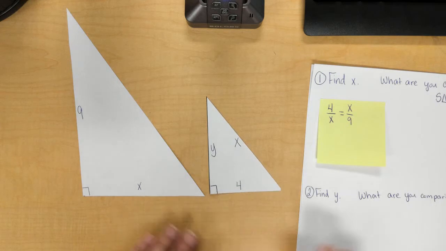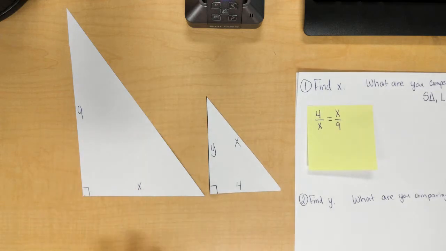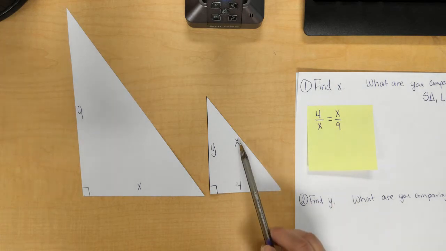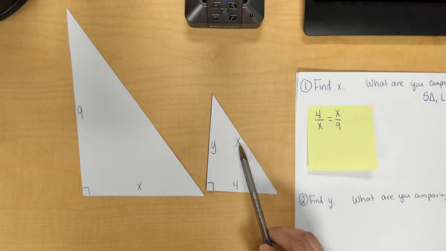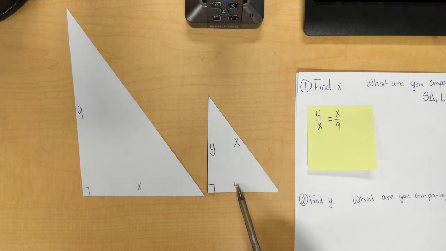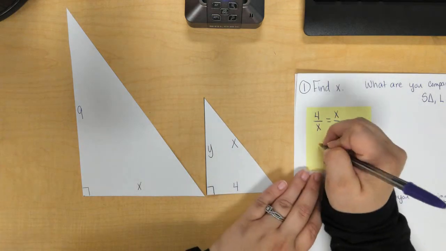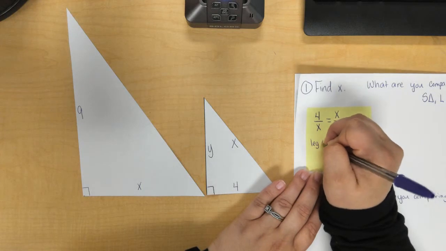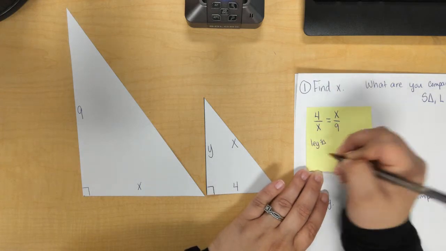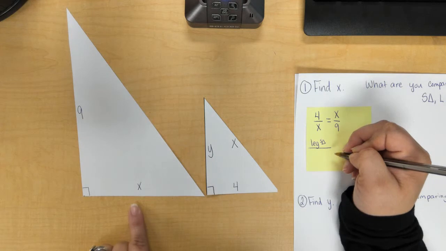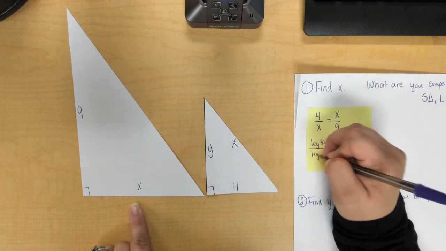Now that we have the triangles going the same direction, we can compare. My goal is to find x, that's the hypotenuse. 4 is my leg, so I said leg of the small triangle over the leg of the large triangle.